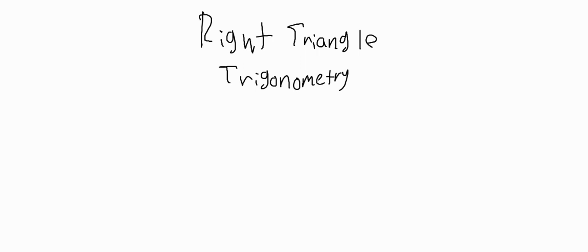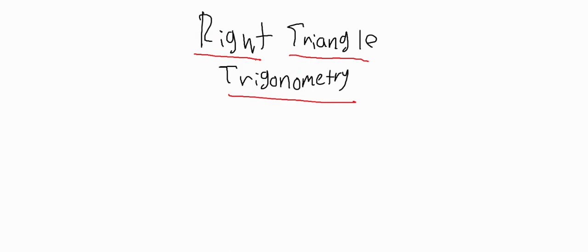So before we start, I just want you guys to think before we get into it, either mathematically or in real life. What does the term right mean? What does the term triangle mean? And what is trigonometry, in real life and mathematically?